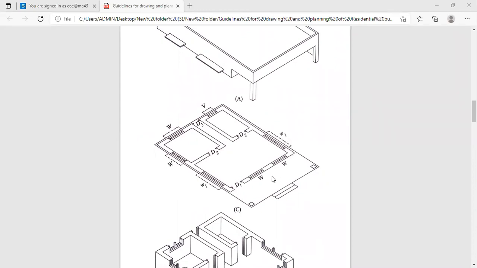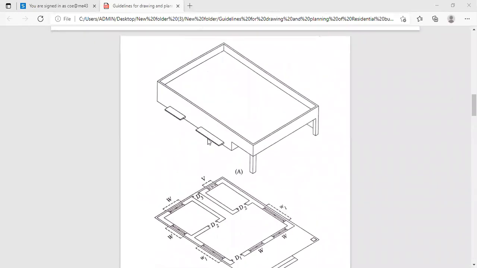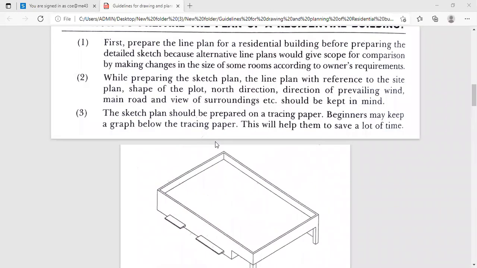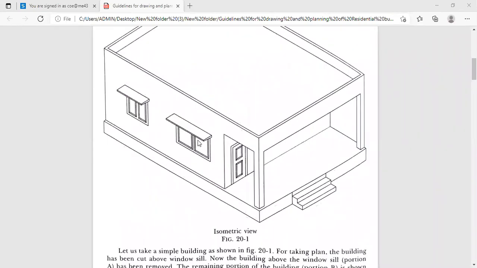Then after that, whatever dotted lines you are observing here are nothing but the projections of chajjas. You can see here whatever chajja is provided above the lintel level in the main figure, above the window. Here at lintel level they have provided chajja. And we have prepared the plan by cutting this building above the window sill level.